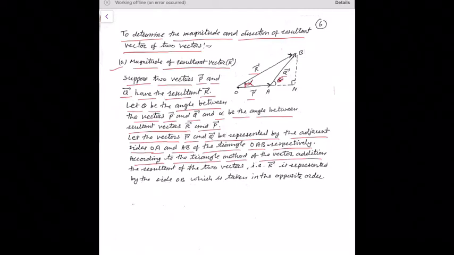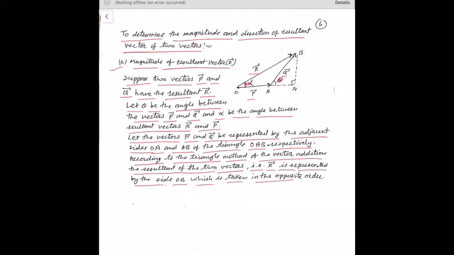According to the triangle method of vector addition, the resultant of the two vectors, that is R vector, is represented by the side OB, which is taken in the opposite order as shown in the figure. Let us draw a perpendicular BN on the side OA extended to point N.